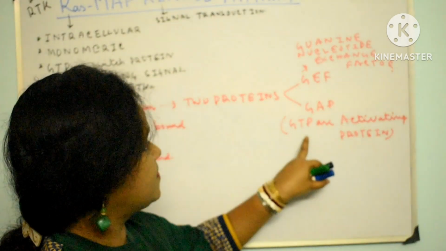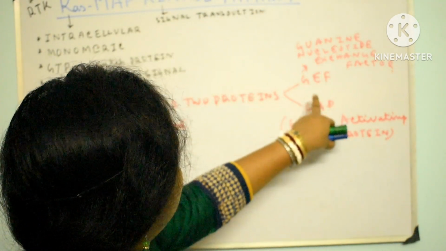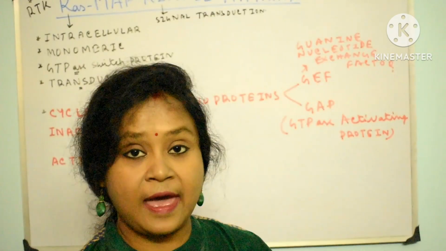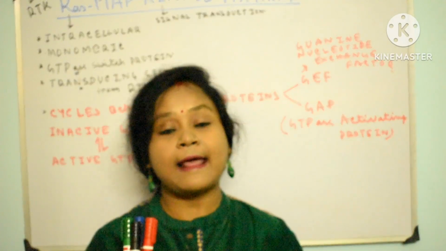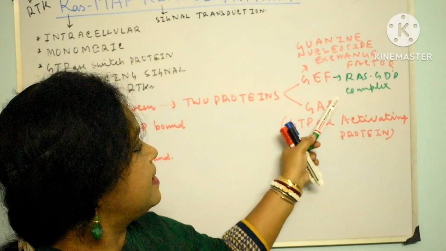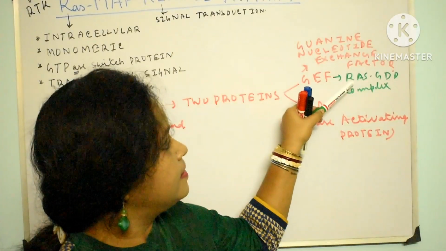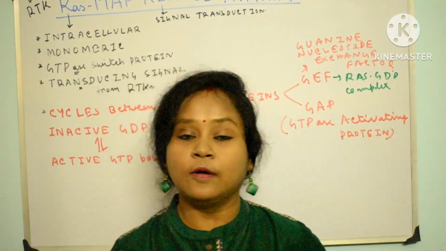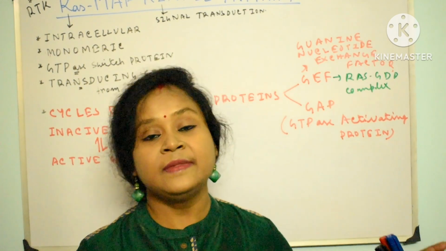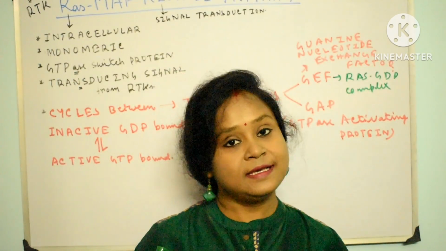GEF binds to the Ras GDP complex and causes dissociation of Ras from GDP, because GTP is present in higher amount than GDP in a normal eukaryotic cell.